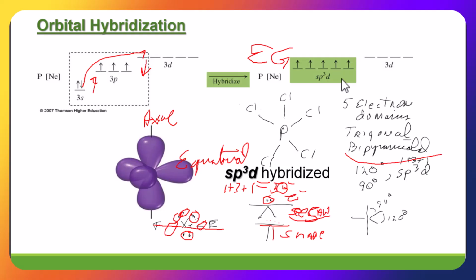And you'll note that there are 4d orbitals that don't have any electrons in them. You just have these 5 hybridized orbitals, sp3d. 5 things around the central atom.